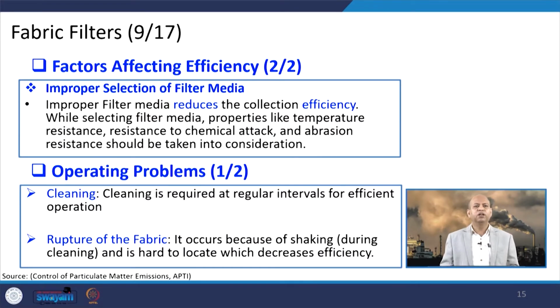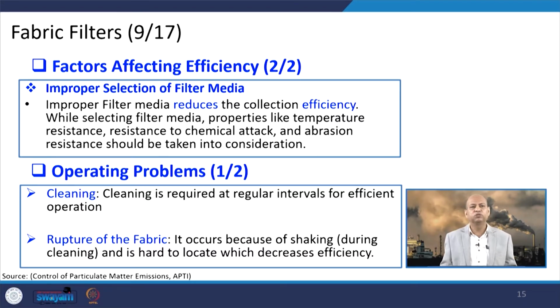Then we talk about improper selection of filter media. Improper filter media can reduce the collection efficiency also. While selecting filter media, properties like temperature resistance matter, because these emissions could be of different temperatures. So, which range of temperature can this filter media afford?